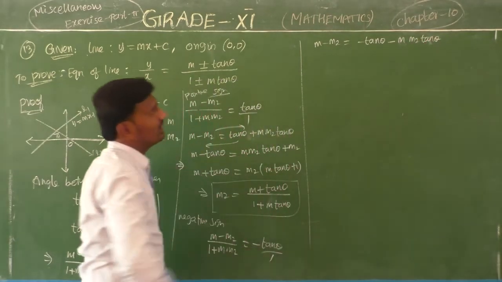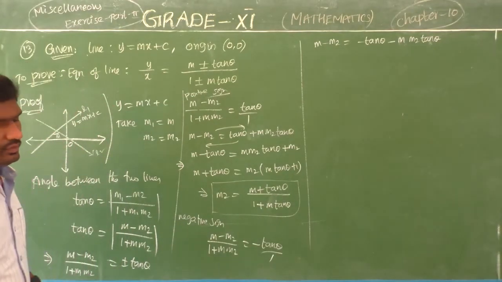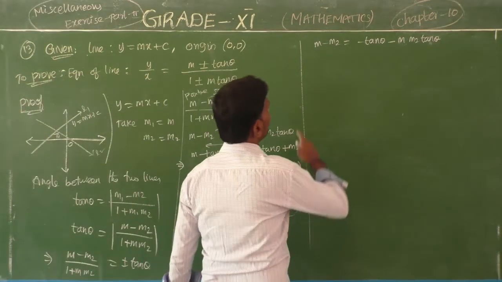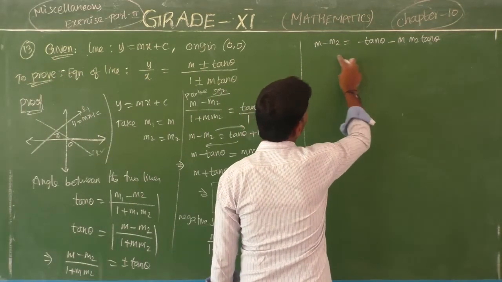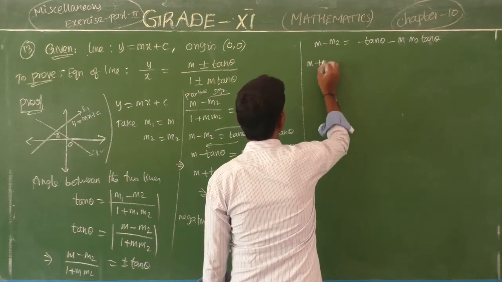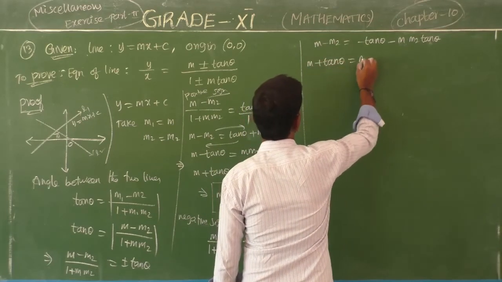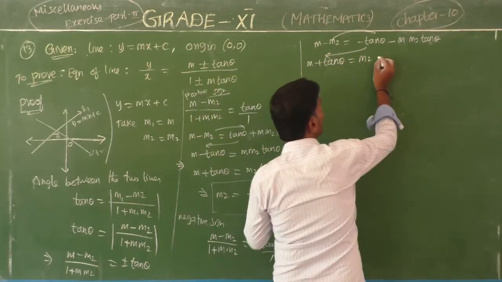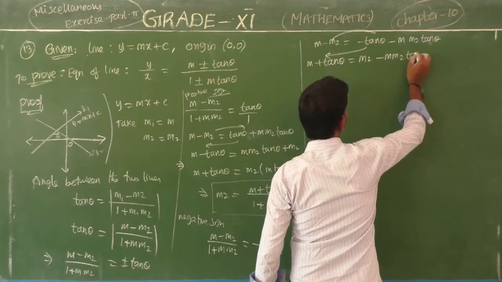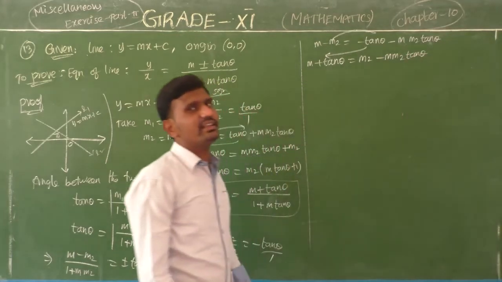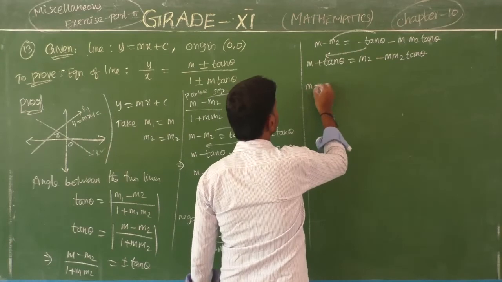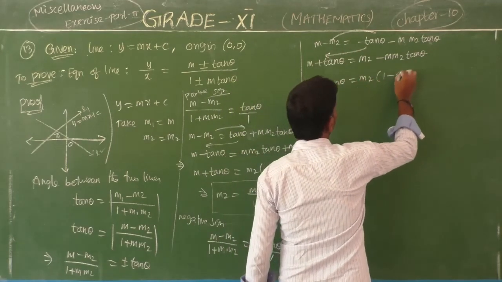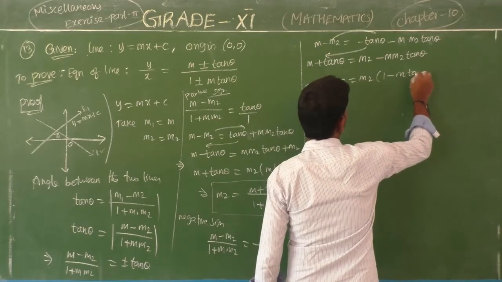Now the same as the previous step we continue. Moving m2 to one side and tan theta to the other side, m plus tan theta is equal to m2 minus m m2 tan theta. So m plus tan theta is equal to m2 into 1 minus m tan theta.